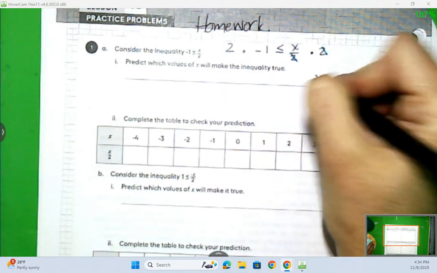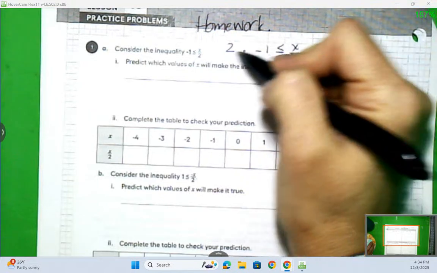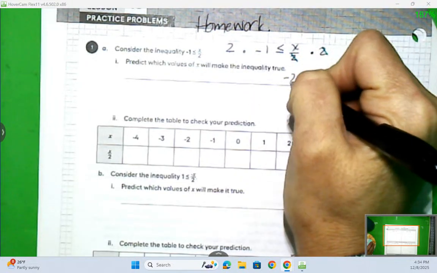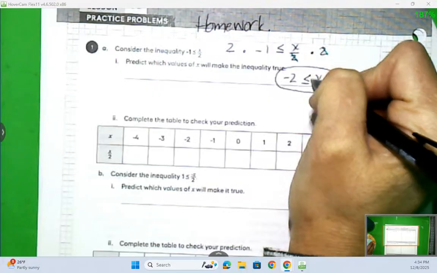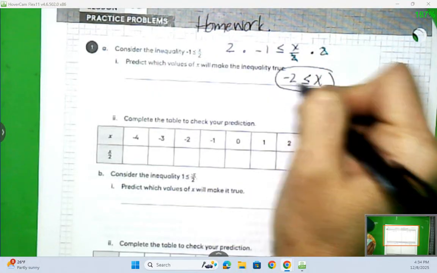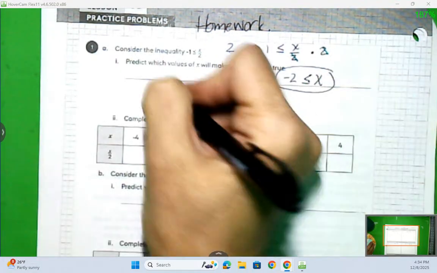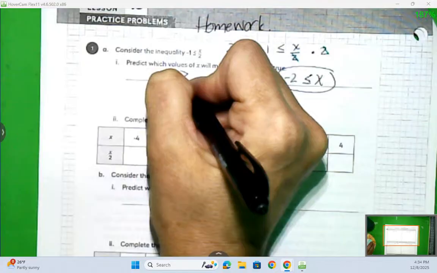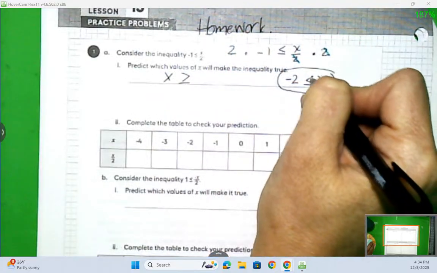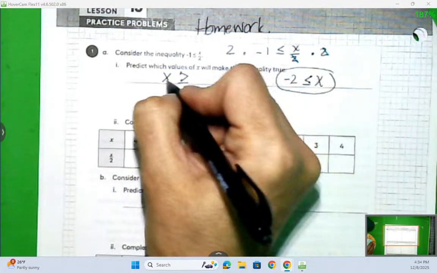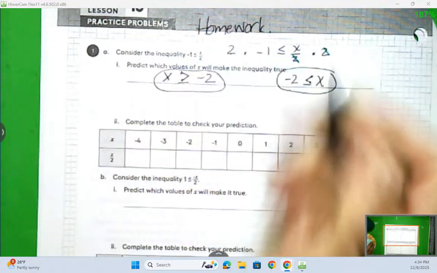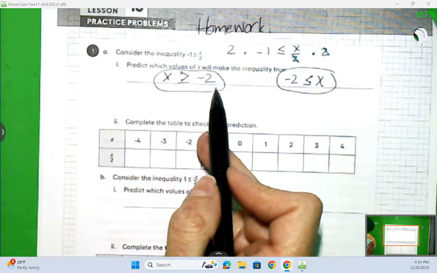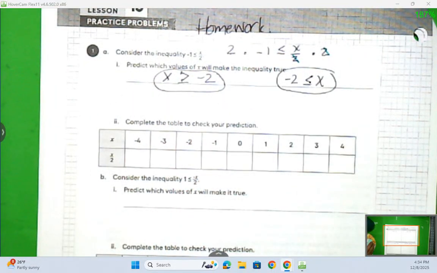We're going to have x is greater than or equal to 2 times negative 1, which is negative 2. I could rewrite that because we would be reading in terms of x here. X is greater than or equal to negative 2. So any number greater than or equal to negative 2 will work as a solution.